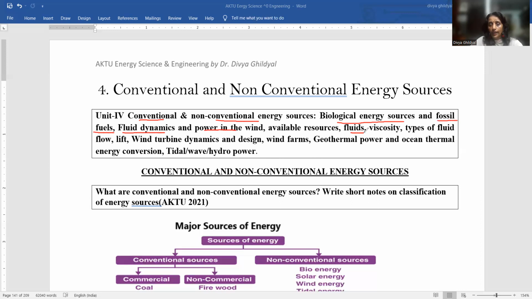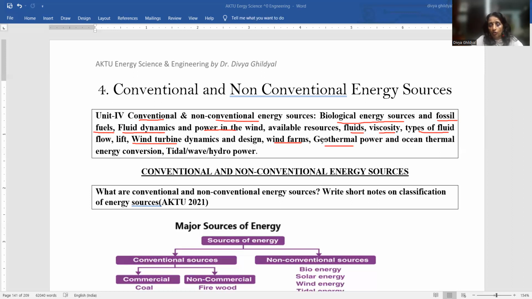Water or the fluid having the property of viscosity, and also the types of fluids, streamline, turbulent, etc. Wind turbines, how they help in the generation of electricity. Wind farms, where a large number of wind turbines are there.